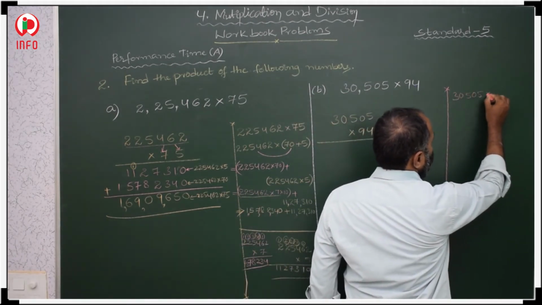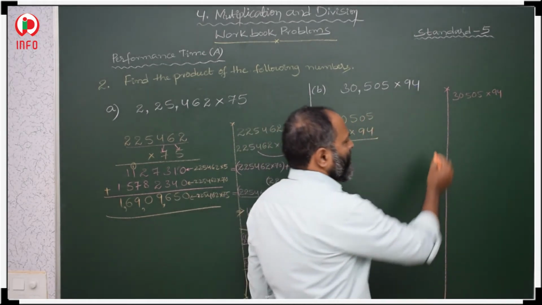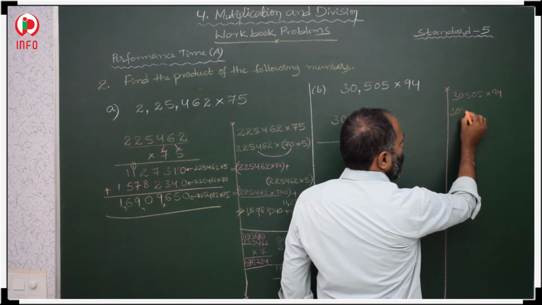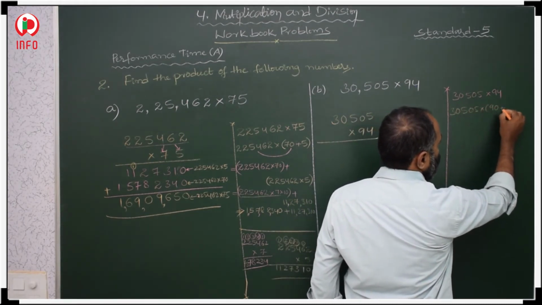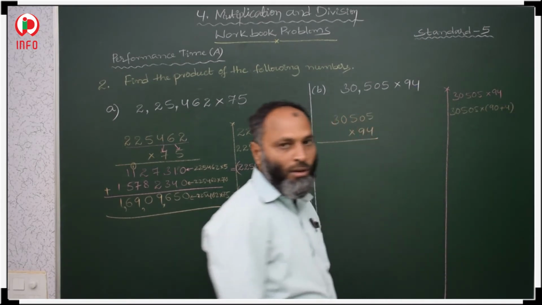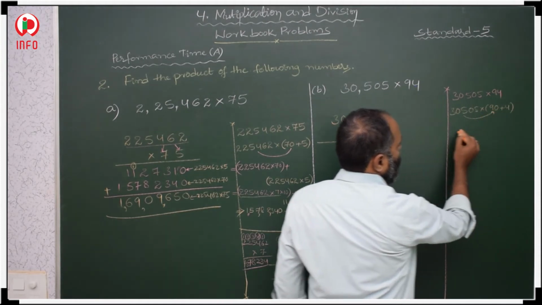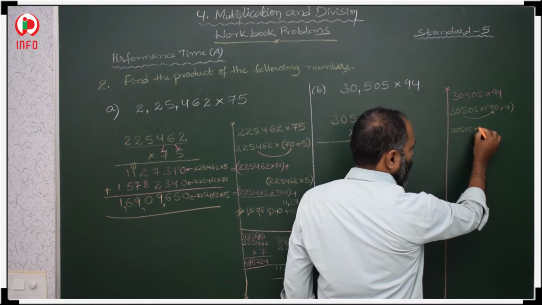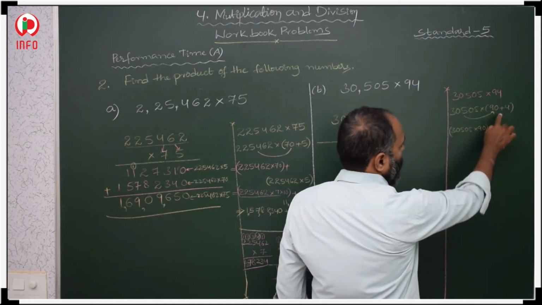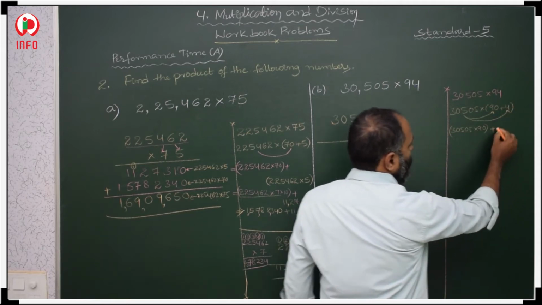Then how to write this 94? 30,505 into 94 means 90 plus 4. Now, according to the distributive property, 30,505 into 90, after that plus 30,505 into 4.